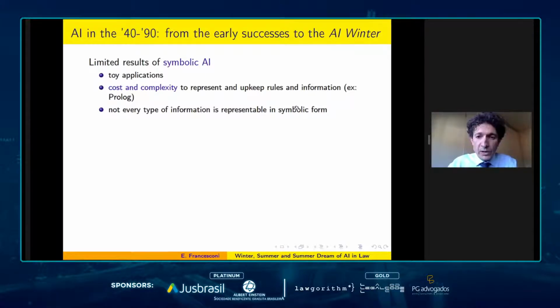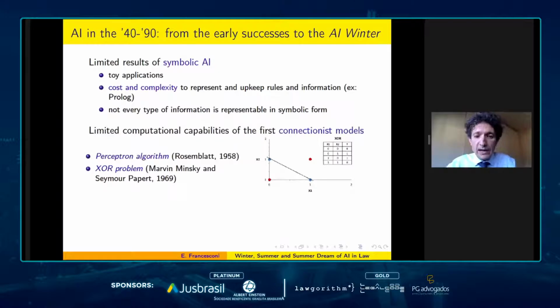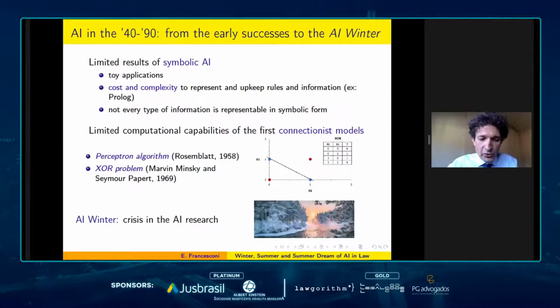And also the attempt to introduce connectionist models revealed their first limited computational capabilities, for example, related to the perceptron algorithm of Rosenblatt and the XOR problem identified by Minsky and Papert. All these facts determined the so-called AI winter, the crisis in AI research.